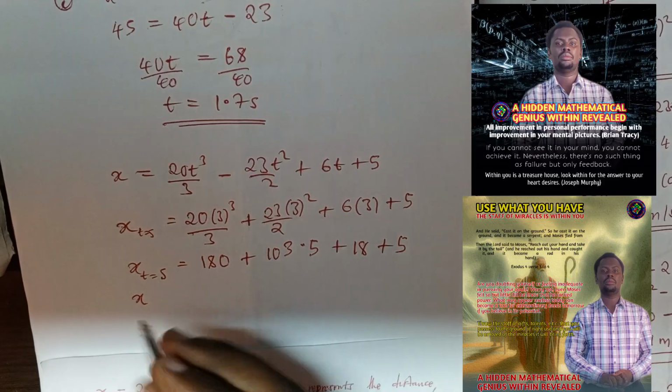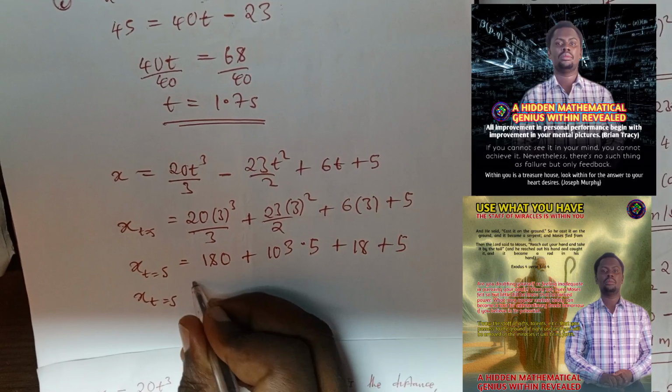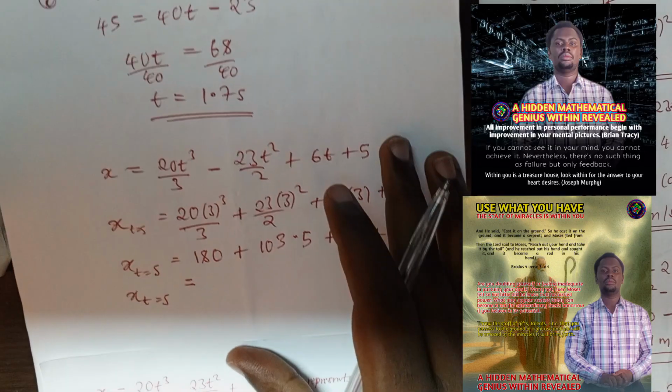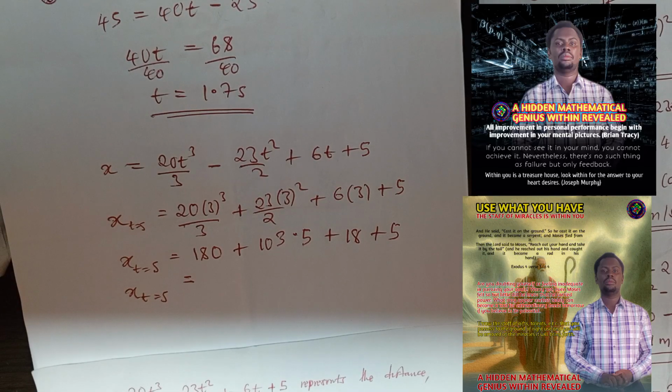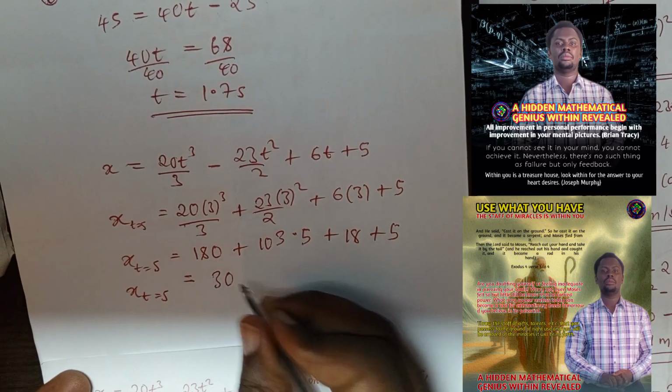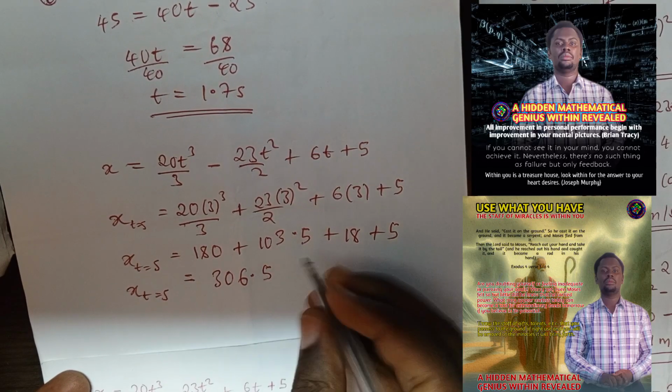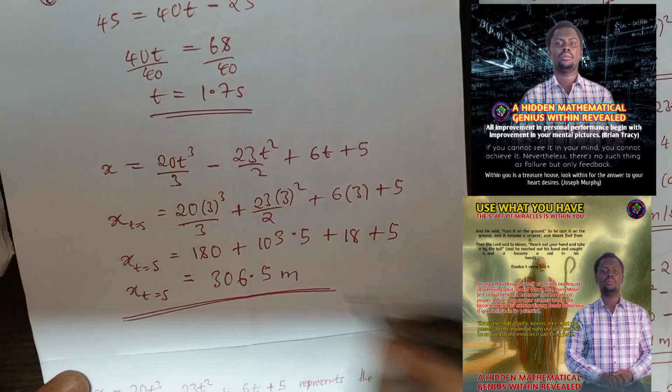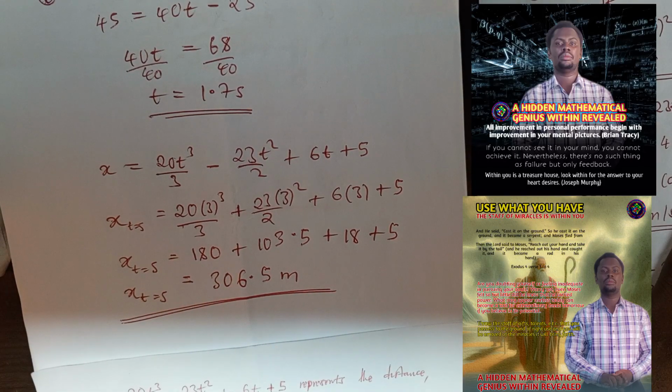So distance is equal to 180 minus 103.5 plus 18 plus 5, so we get 306.5 meters. So those are the solutions. Thank you so much for your time.